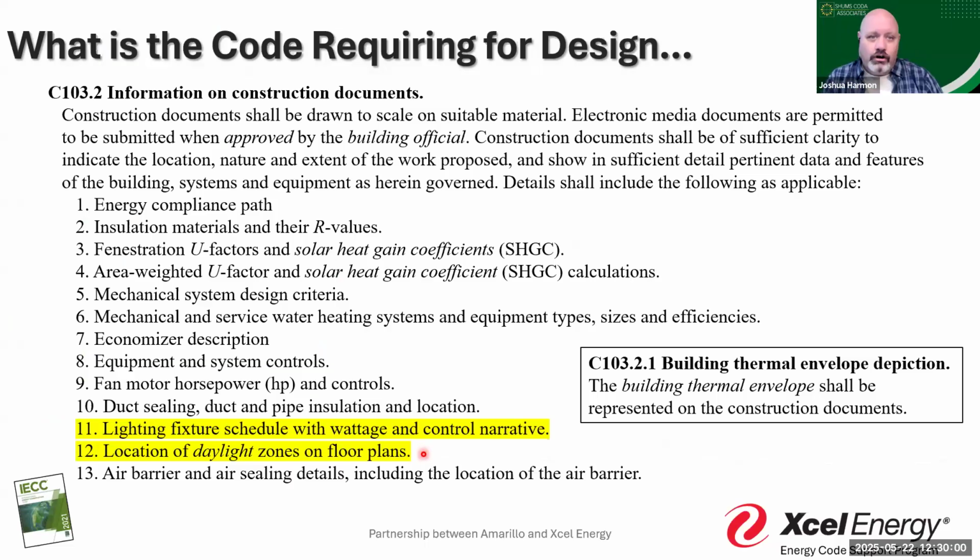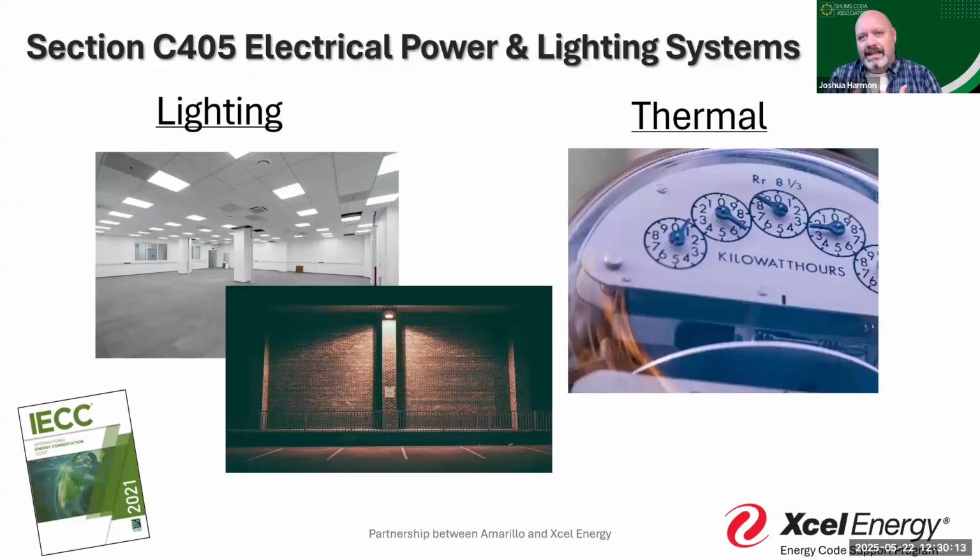Now, this is for all commercial, including those buildings that fall under the R2, R3s over 4 stories. But remember, what we're looking at is in section 405, we are addressing the lighting requirements, not the thermal requirements of that design, right?